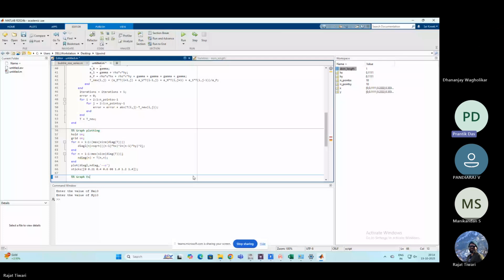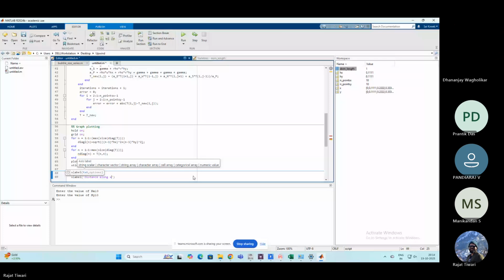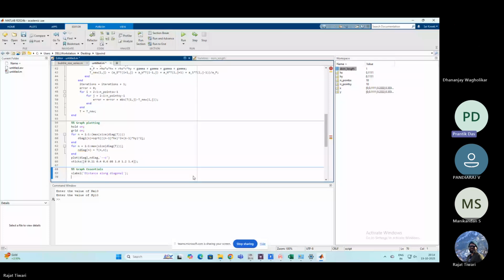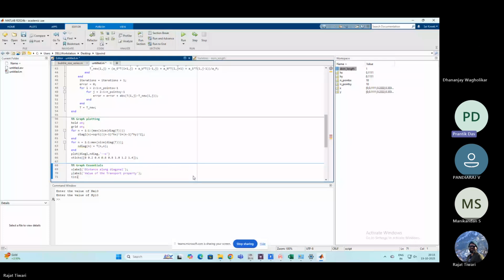Why I'm giving the labels for the x-axis and the y-axis itself: the distance on the x-axis, and this y label is the value of the transport property. And this title is upwind scheme.